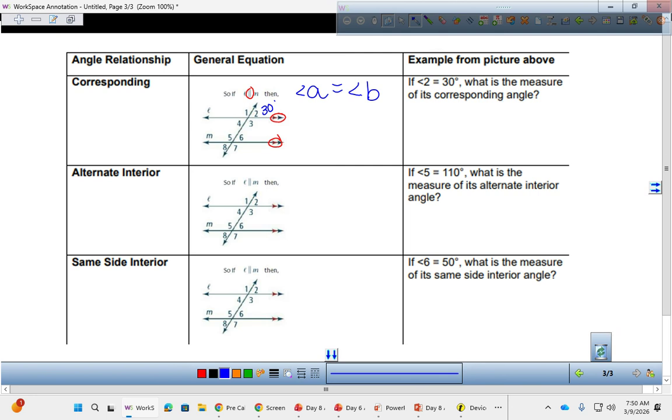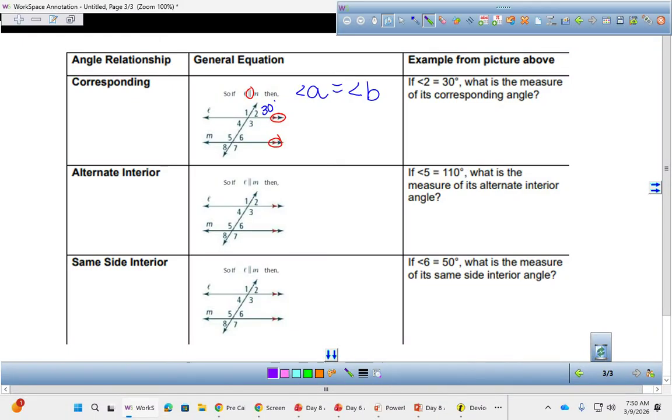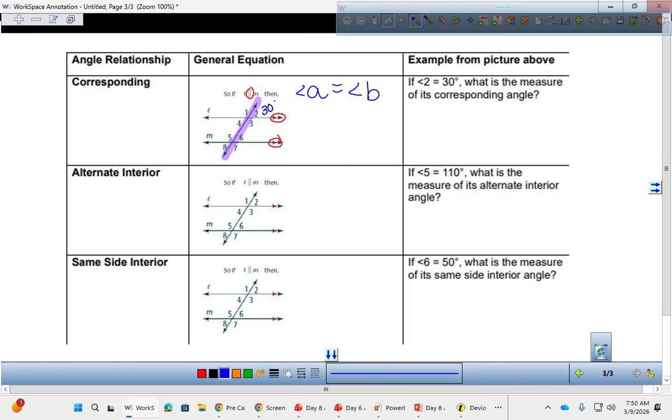So let's figure out what's corresponding to angle 2. Angle 2 is to the right of the transversal line and above the horizontal line. So what other angle is to the right of the transversal and above? 6. So angle 2 is equal to angle 6.